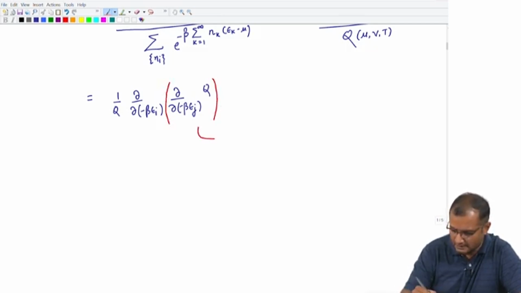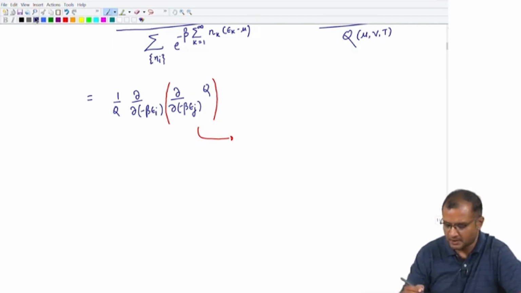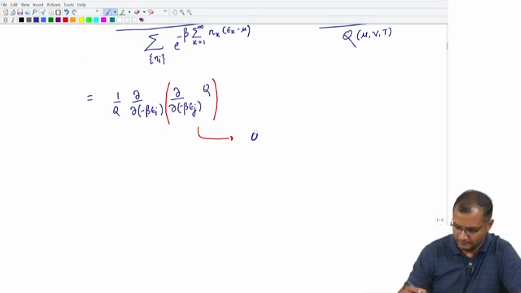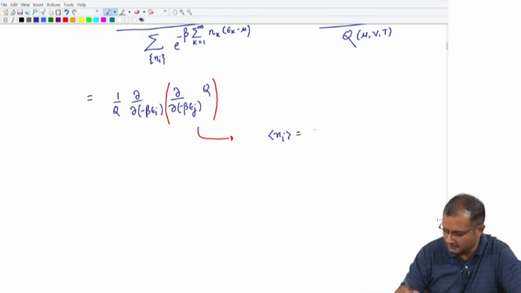By the definition of average occupation number, I know already that my average occupation number, which is Ni, is given as 1 over q d over.